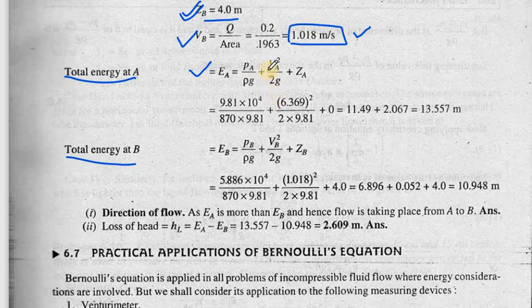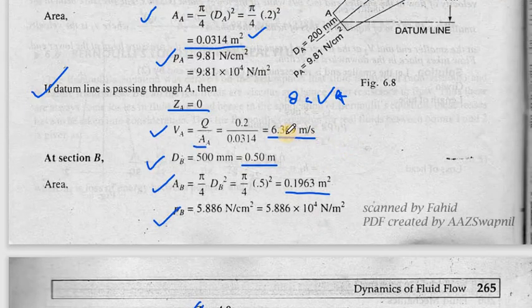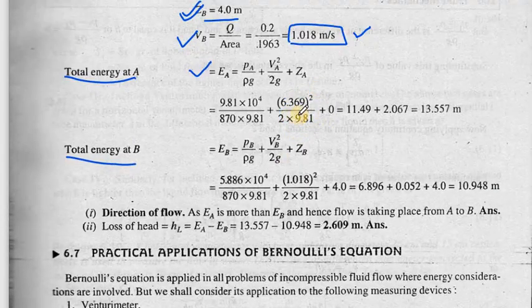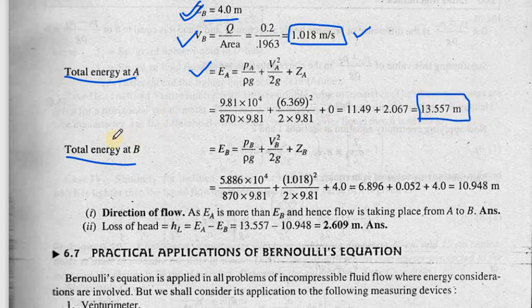After that, plus the velocity at the first point was coming out to be 6.396. So 6.396 square divided by what? 2 into 9.81 plus ZA is coming out to be 0, because the datum height at the first point is 0. So the final value for the energy is coming out to be 13.557.